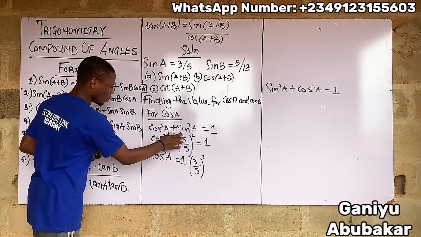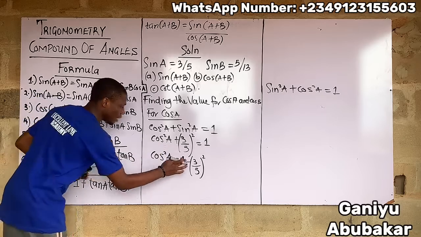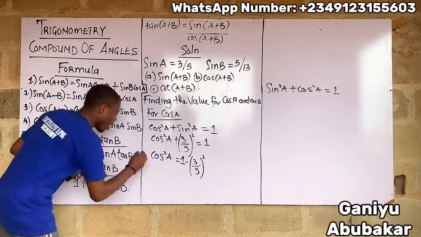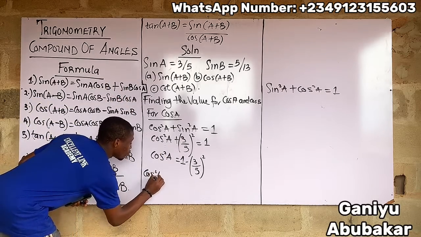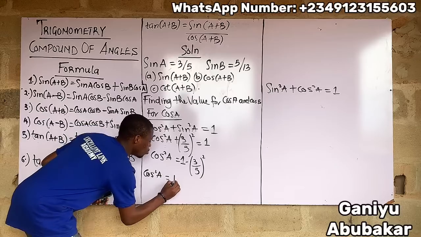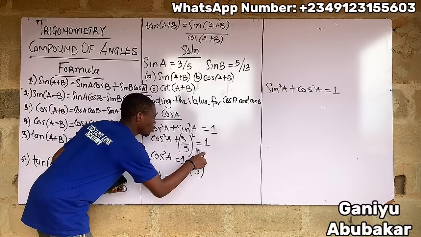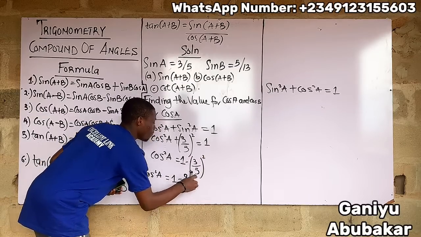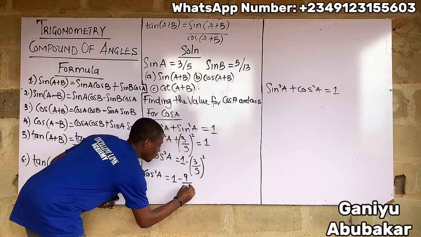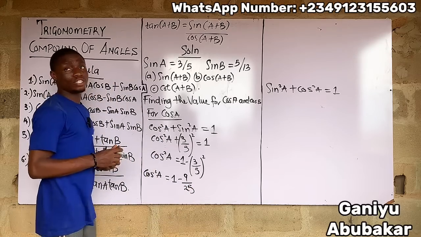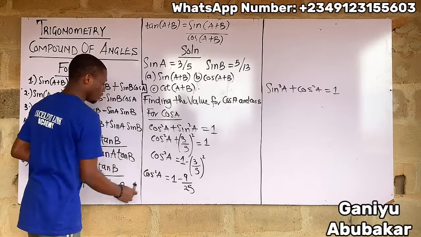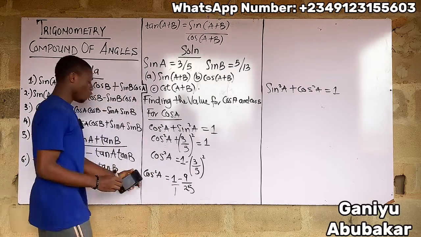At this point, what's the next task? Cos squared A is equal to 1 minus 3 squared, which gives 9, all over 5 squared, which gives 25, applying the indices concept. Then I'll look for my LCM. The LCM here is 25. 25 times 1 gives 25, minus 25 divided by 25 is 1, times 9 gives 9. So 25 minus 9 gives 16, over 25.